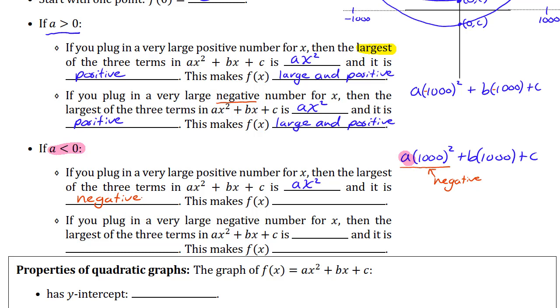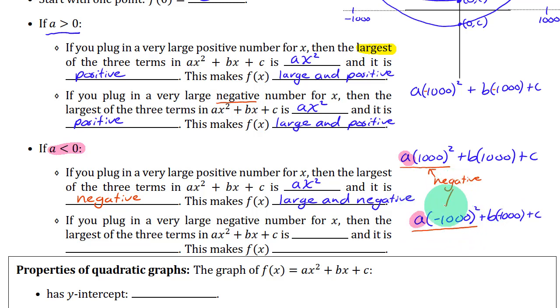This makes f of x large and negative. And by the same reasoning, if we say a times negative 1,000 squared, still saying that a itself is a negative number, plus b times negative 1,000 here, plus c, well, negative 1,000 squared is still positive.